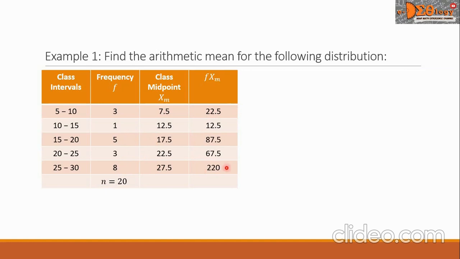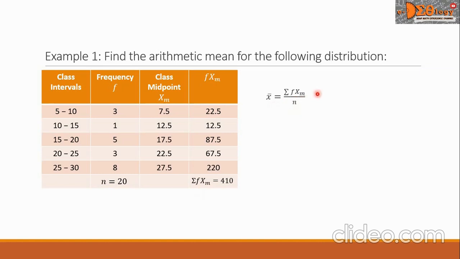The next step is we're going to take the summation, or we say we will add all these numbers and we will put the sum here. And that is the summation of f times x sub m. And the value is 410. Now, we are ready to use our formula for the mean. X bar equals the summation of f times x sub m all over n.